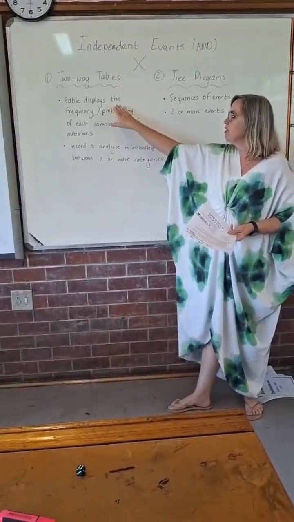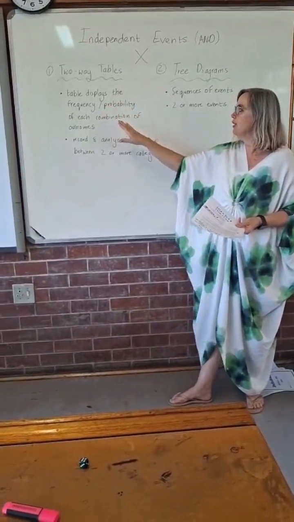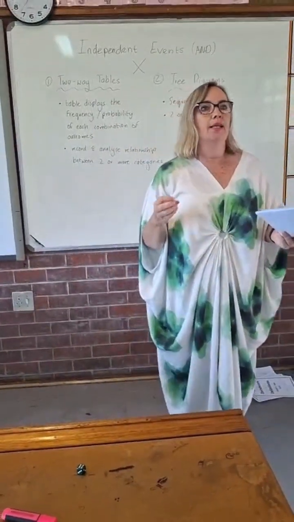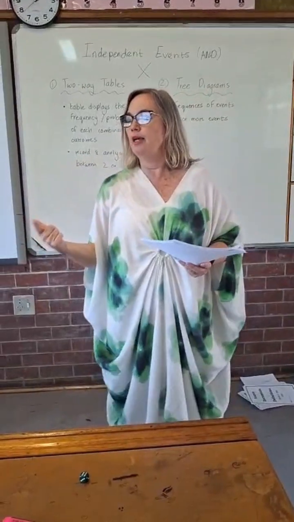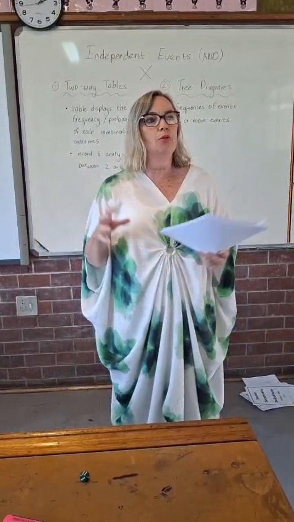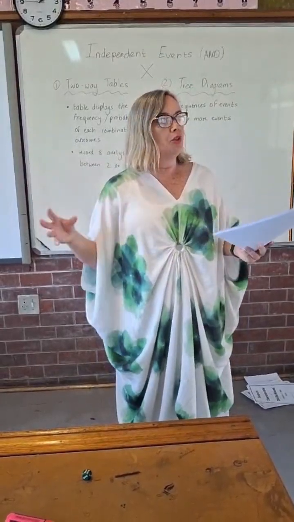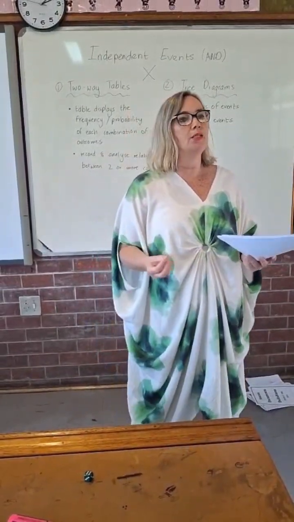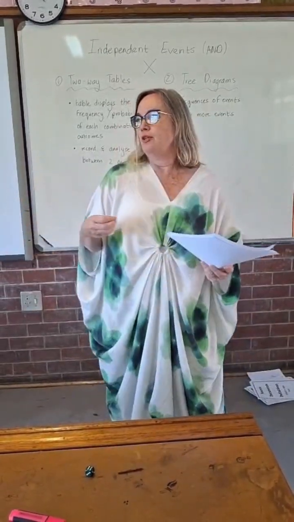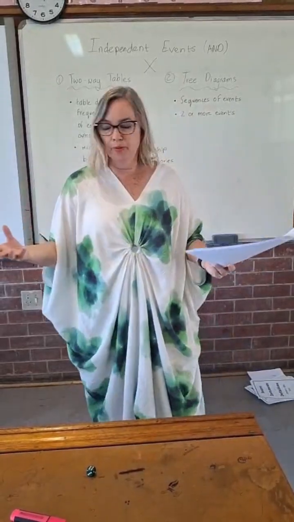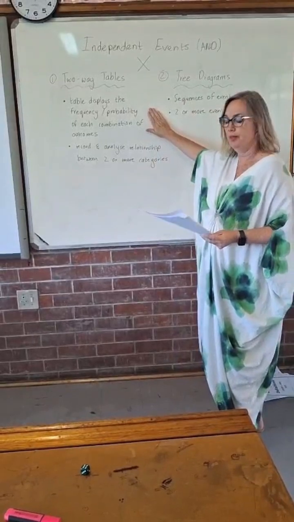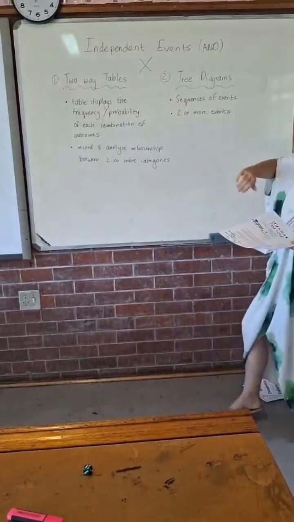The table displays the frequency or probability of each combination of outcomes. For example, you've got male and female and their mode of transport, a taxi or a bike. In your table you'll represent those two things and look at the probability of a male riding a bike versus a female using a taxi, for example. So that is the one thing, two-way tables with compound events.